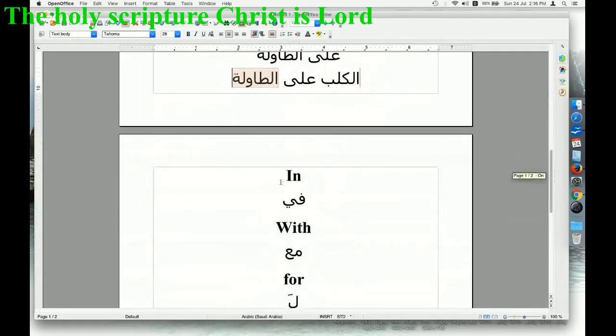Now we will learn about in, which is equal to Arabic fi, which is going to be used all over. Let us say something is inside something. If I want to say to you, I have my gun in the drawer, I have to use in.